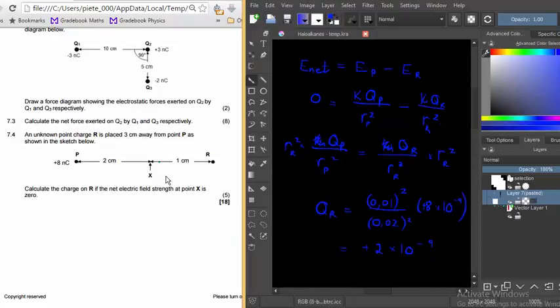So in other words, it's a nice multiple choice question: what must the charge be on this side if it's half the distance of that side, in order for it to cancel the other one's charge.